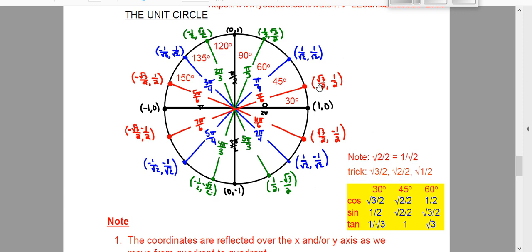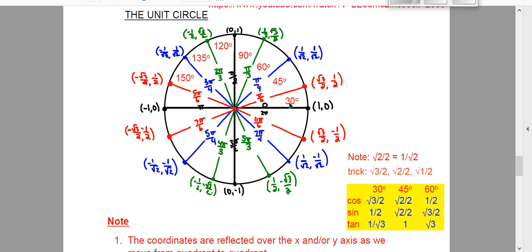The x coordinate of each one represents the cosine function. How does it work? I'll show it to you in the near future. Each y coordinate represents the sine function. So if you look at this, the x coordinate represents the cosine function. So look at the values.